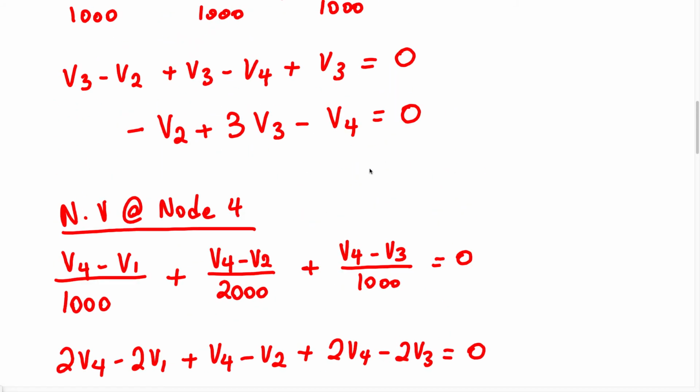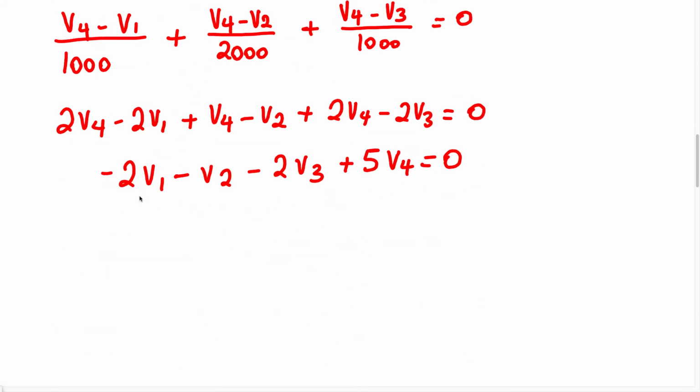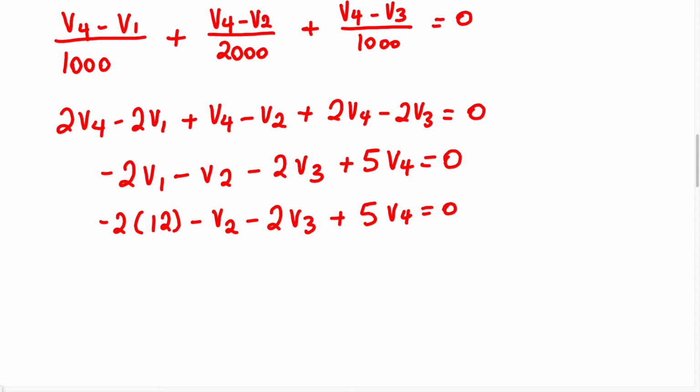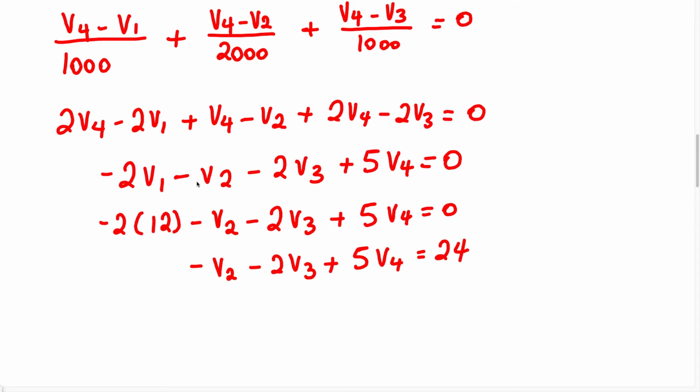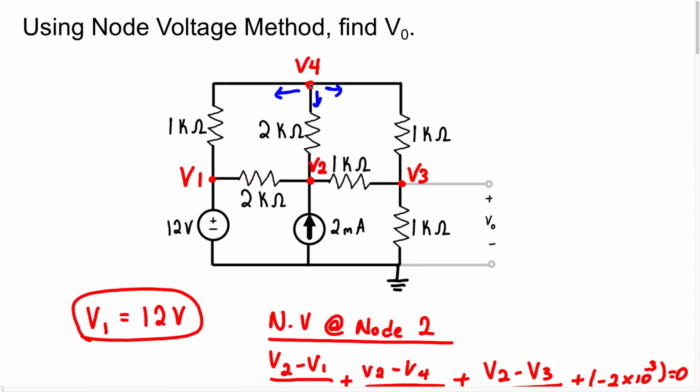Now we know the value of V1, that's going to be 12 volts. So we can substitute 12 volts into this equation. So that's going to give us negative 2 times 12 minus V2 minus 2V3 plus 5V4 equals 0. So that's going to give us negative V2 minus 2V3 plus 5V4 equals 24. So this is going to be our equation for the node voltage at node 4.